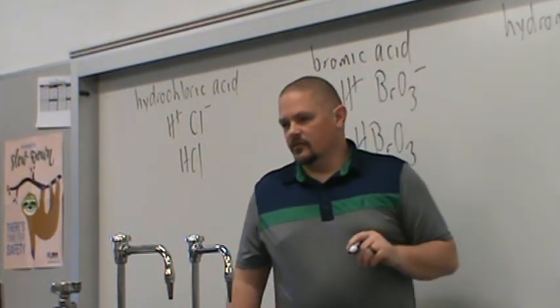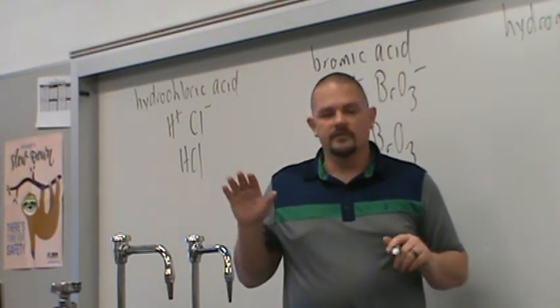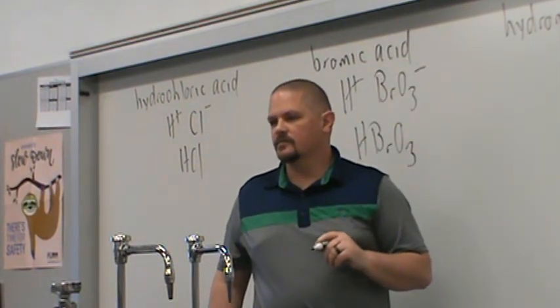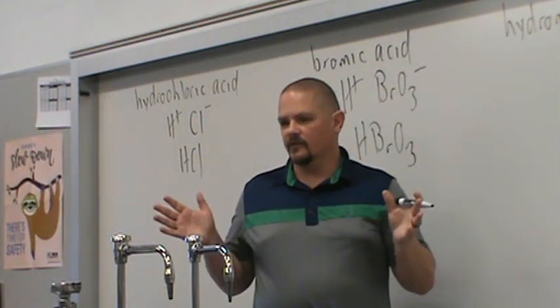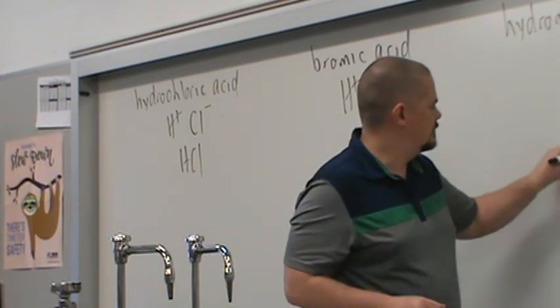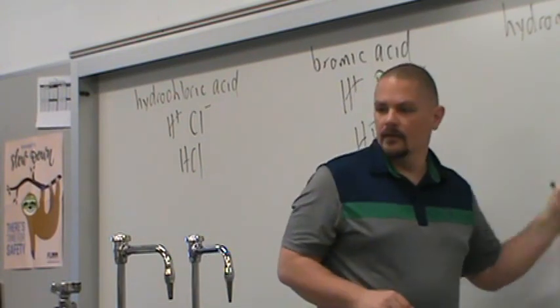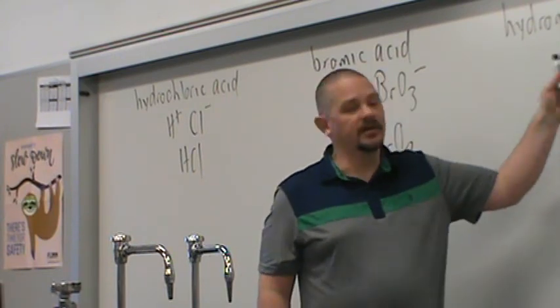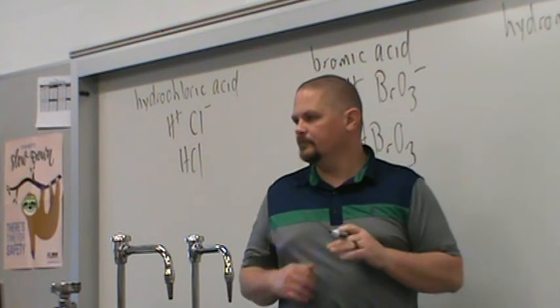Nitrogen is in group number 5, so it'll have a -3 charge. So that everything cancels out, we need 3 hydrogen ions to cancel out the 1 nitride ion. So our formula, H3N. Okay?